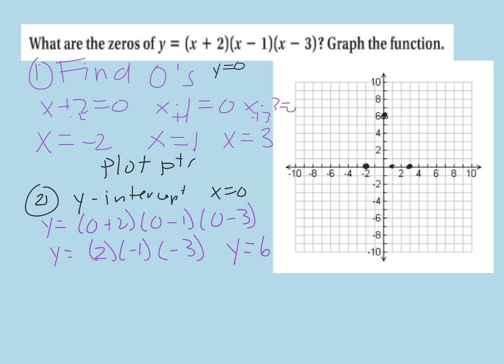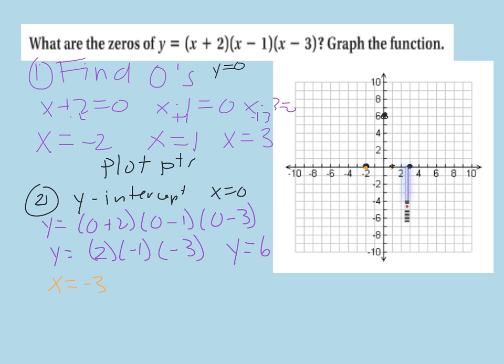So you also want to evaluate in between your zeros. In this case, what I'm going to do is figure out a number on the left side of each zero. So over here, I'm going to evaluate what if x is equal to negative 3. This zero is already in between these 2 points, so I don't need anything there. I'm going to pick a point in between these two zeros.